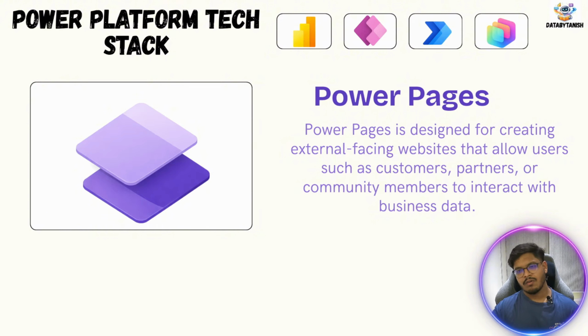You are also given an AI option where you can type a prompt of what exactly your requirement is, what you want in the web application, and it will generate the whole web page for you. You can do the coding inside of that. You can also extract the code generated by Power Pages.